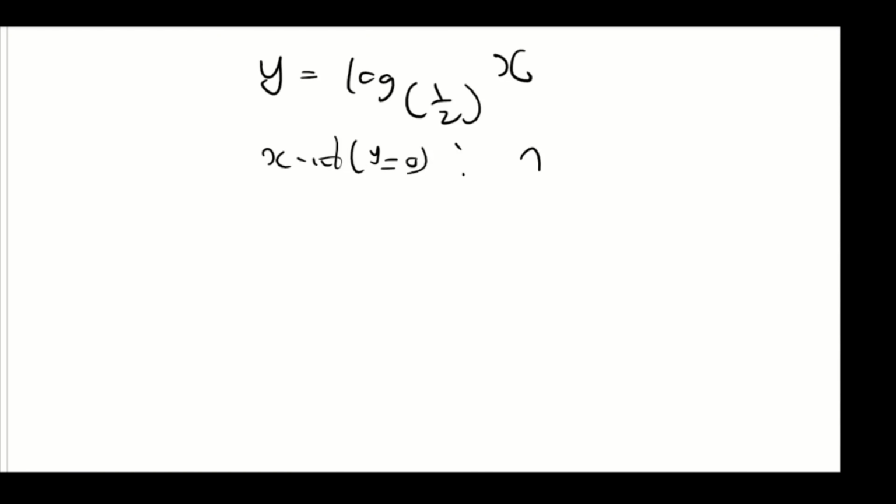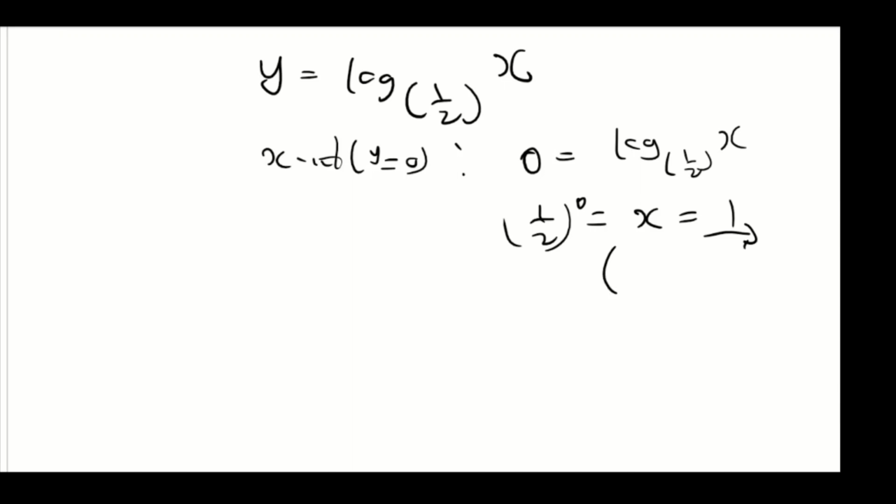So where there's y, we put 0 equals log base 1/2 of x. So (1/2)^0 equals x, which equals 1, because anything to the power of 0 is 1. So the coordinates are (1; 0) for our x-intercept.